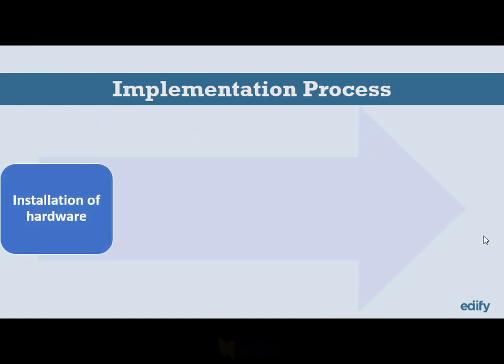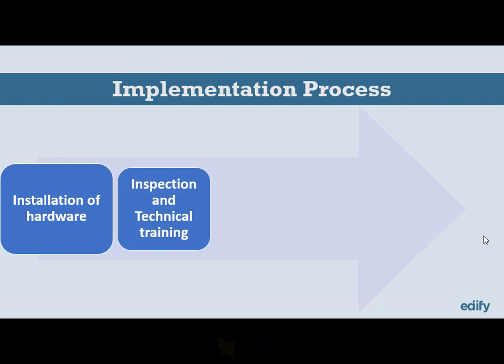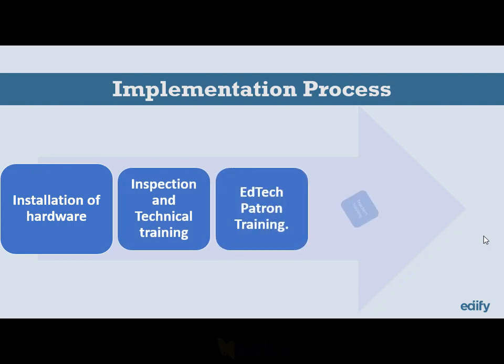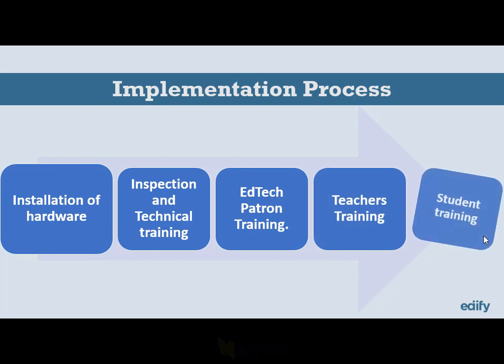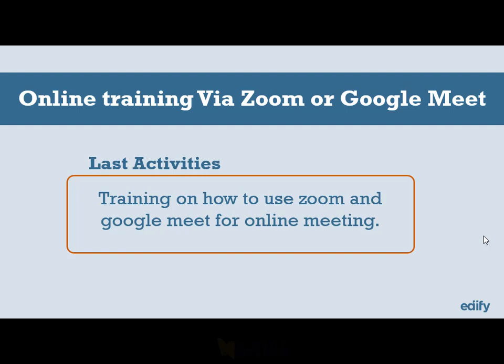Ensure that after installation there is inspection and technical training of the team, Edtech patron training, and teachers' training, so that you can get value out of that. And we can also ensure that we have online meetings and trainings which are available.